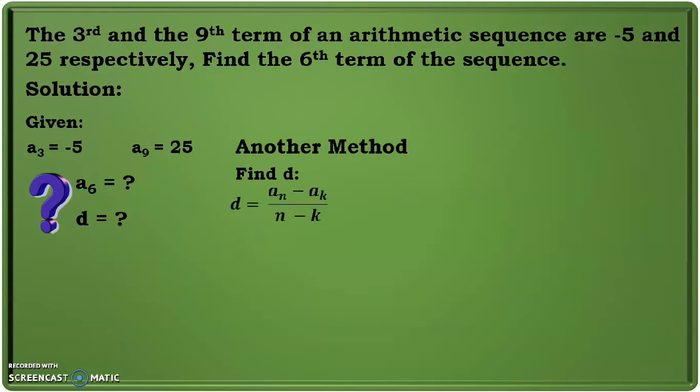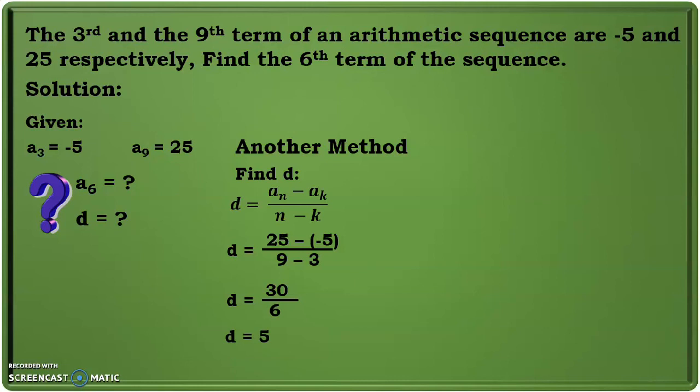D is equal to a sub n minus a sub k divided by n minus k. So D, a sub n is 25 minus a sub 3, which is negative 5, all over the ninth minus the third term, gives us 30 divided by 6, then D equals 5.